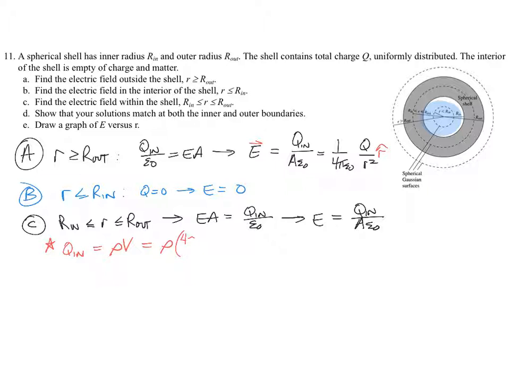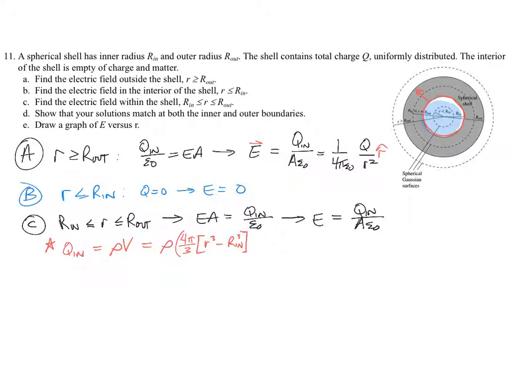Well, 4/3 pi times what? Well, you have an inner and outer volume, and so depending on where you're at, you're going to have an r cubed minus an R inner volume cube. So here's that inner big R, and then little r is going to be extending out through this area.